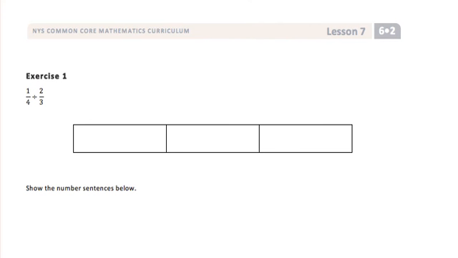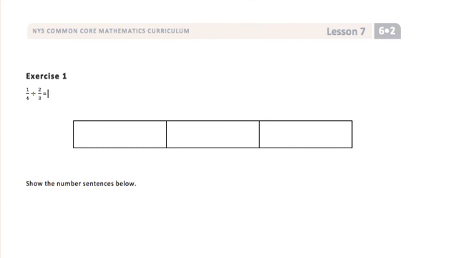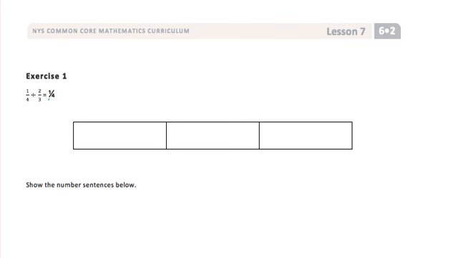As we work through Lesson 7, we want to rely less and less on the diagrams. So taking 1/4 divided by 2/3, we can rewrite that as 1/4 times the reciprocal of 2/3, which is 3/2.